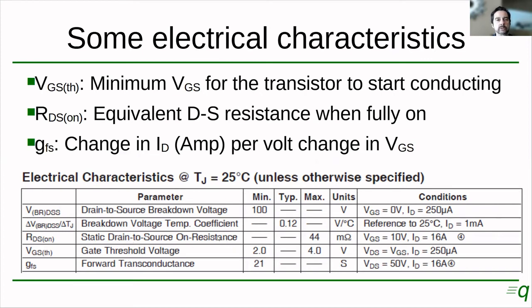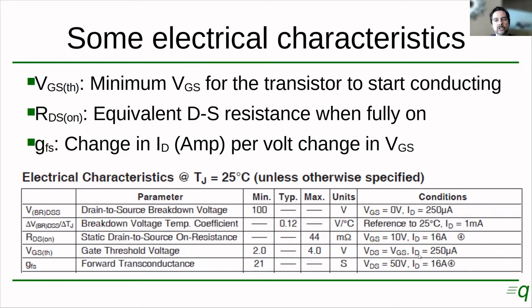It's the one I was mentioning here. And this one is rated at 44 milliohms, or 0.04 ohms, okay? The other one is the gate to source threshold voltage, and it is specified at a minimum of 2 volts and a maximum of 4 volts.